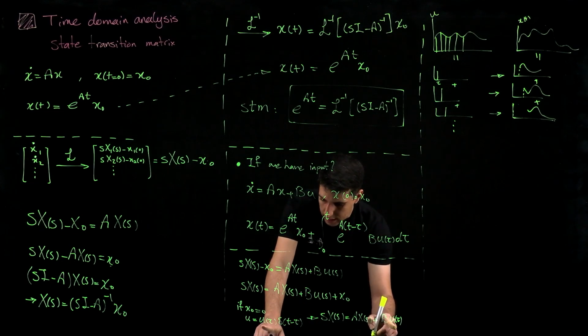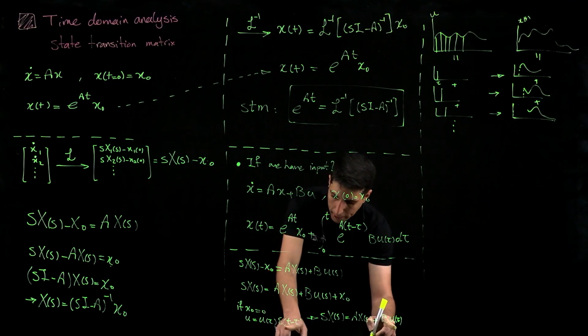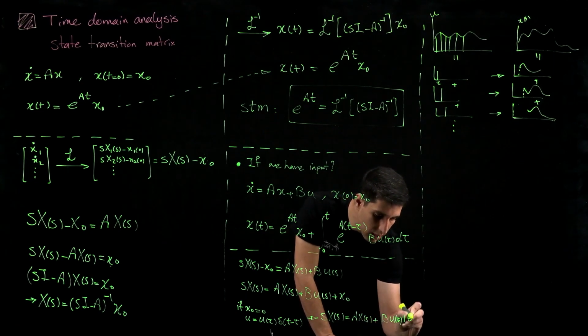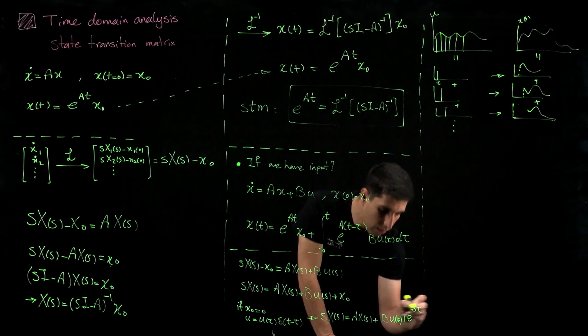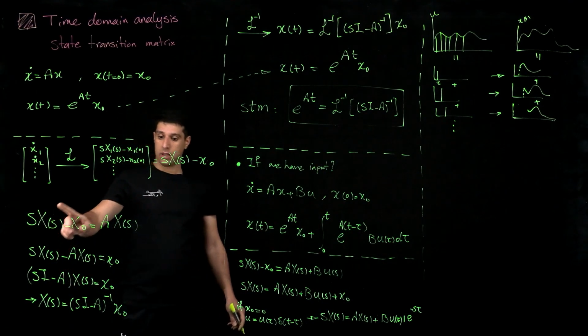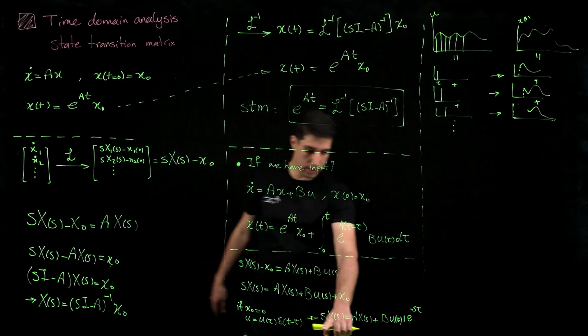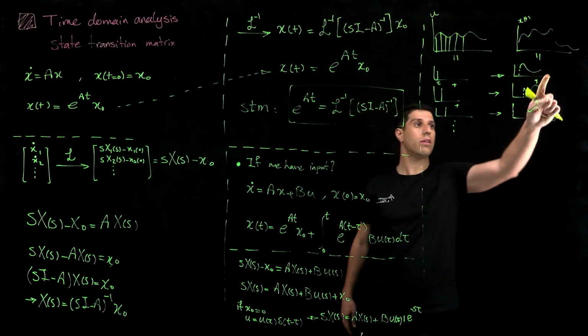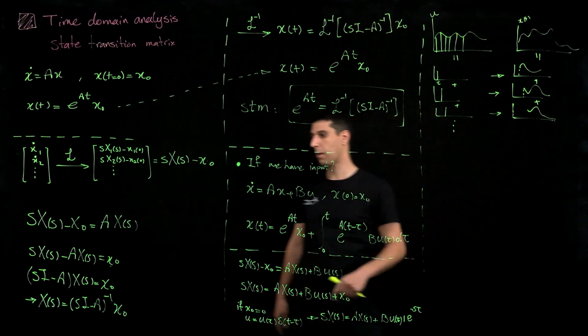This is just a number. Laplace of that is 1 times e to the minus s tau. And so this is the equation that I should really be solving to get any one of these responses.